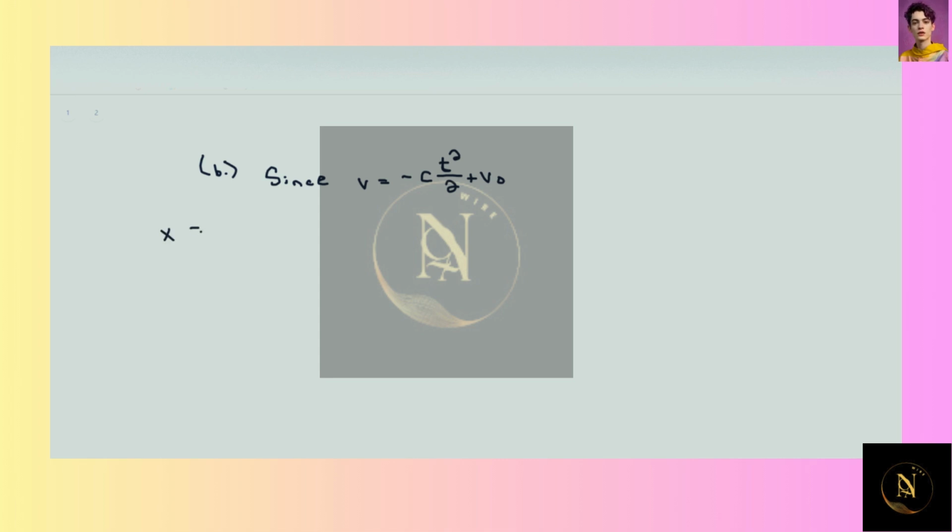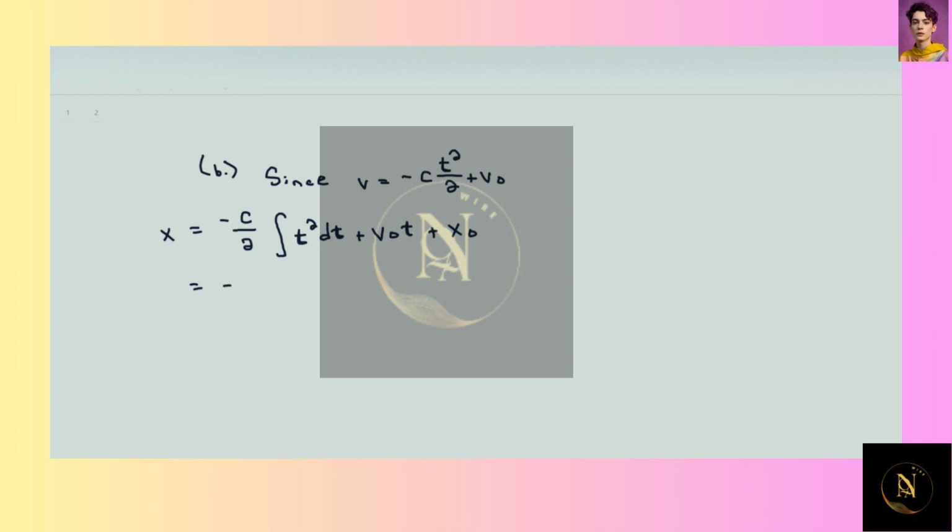So x is equal to negative C over 2 times the integral of t squared dt plus v naught t plus x naught. So in this step, I pulled the negative C over 2 outside the integral, so I just have the integral of t squared dt. I integrated just v naught, which all it does is put a t there, and then we also have our x naught here.